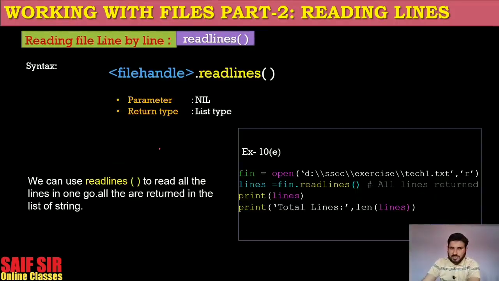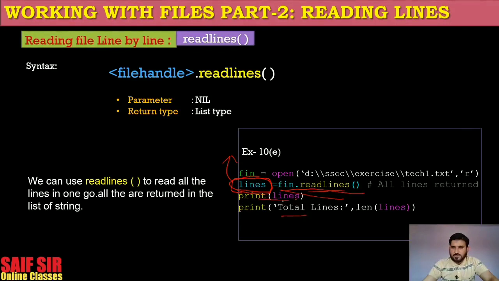This is readlines. What does readlines do? It reads all the lines in one go. I could use line also, but instead of using line, it is better to use lines, because readlines transfers so many lines, and we print those lines.